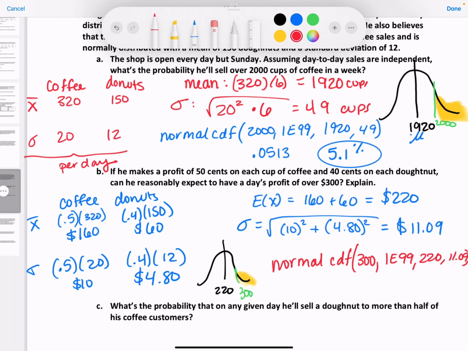I got 2.74 something. I'll plug it in. You said 300, 1E99, 220, 11.09. It's 2 something? It should be 0 something. Oh, it is, because it's times e to the negative 13.